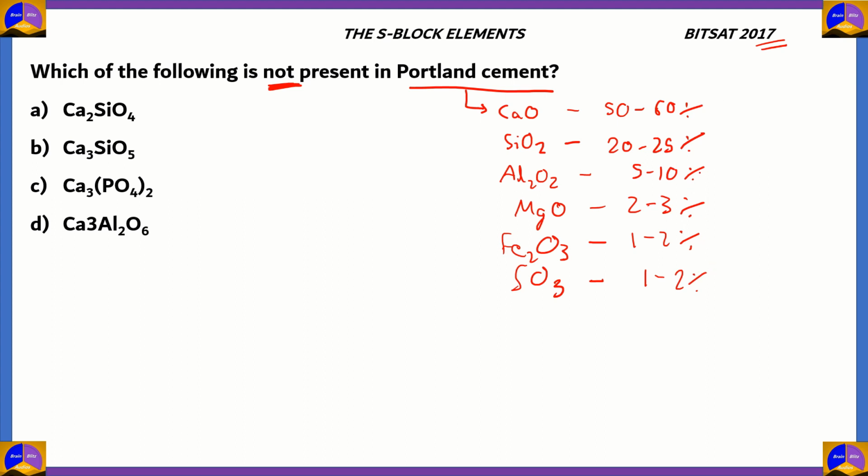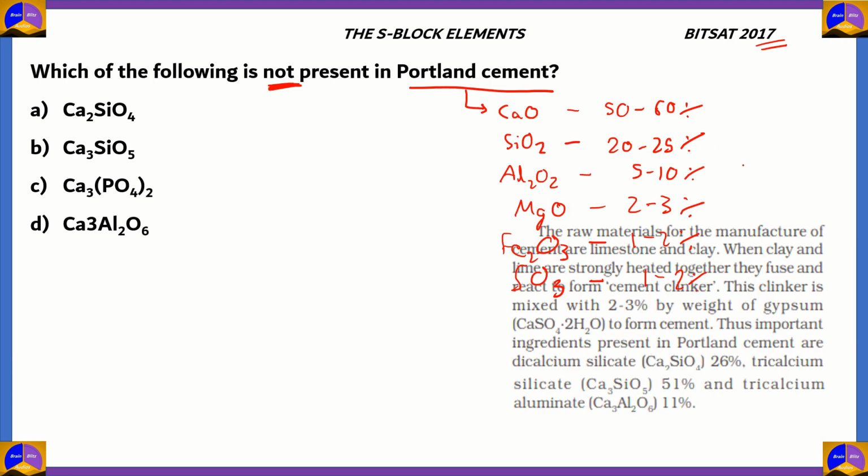So these are the materials that you add to the mixer in order to obtain Portland cement. So after you've finished processing it, the final product that you get is cement, and cement is made out of the following raw materials.